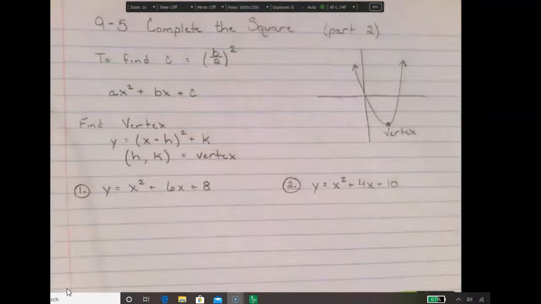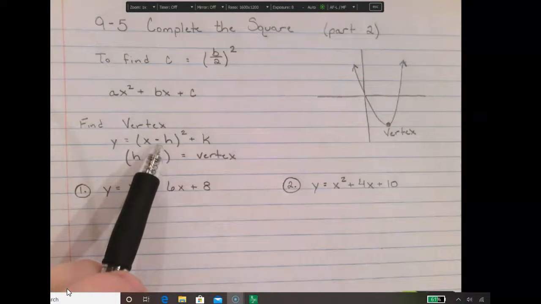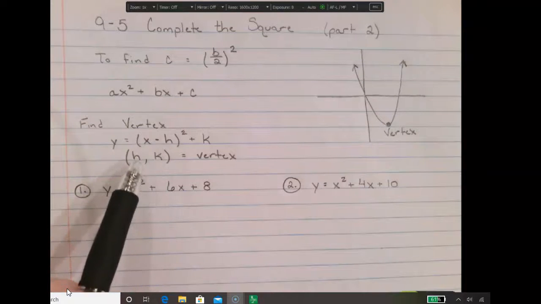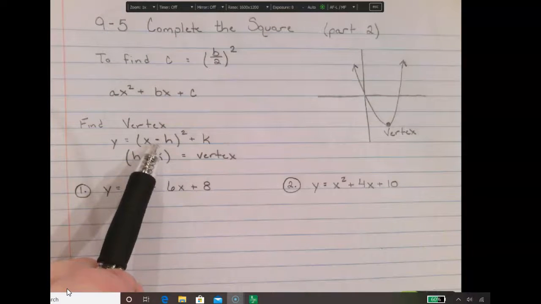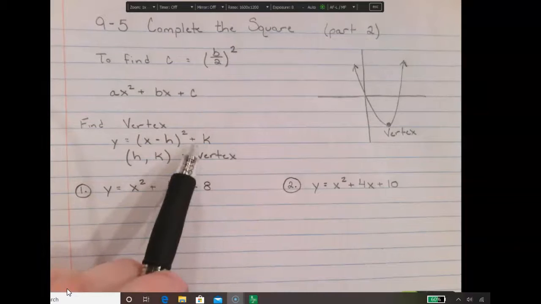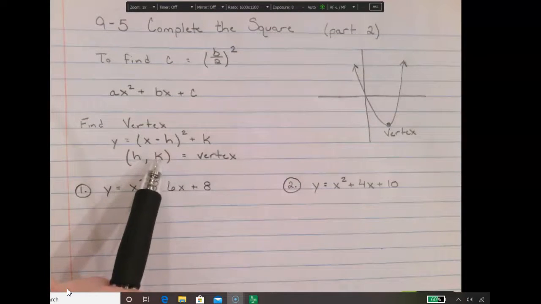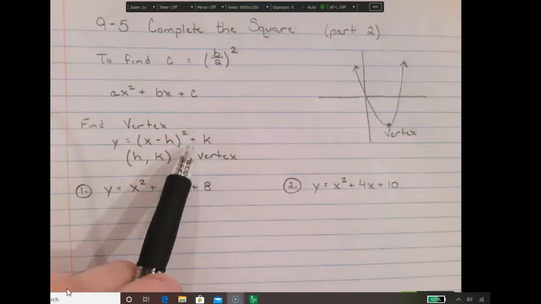Also, something I want you to pay attention to in our equation. Notice with the h, there's a subtraction symbol next to it. So in order for h to be positive, we need to have a subtraction symbol in our final equation. The same thing applies for the k. There's an addition symbol in front of it, so in order for k to be positive in our ordered pair, there needs to be an addition symbol in front of it as well.